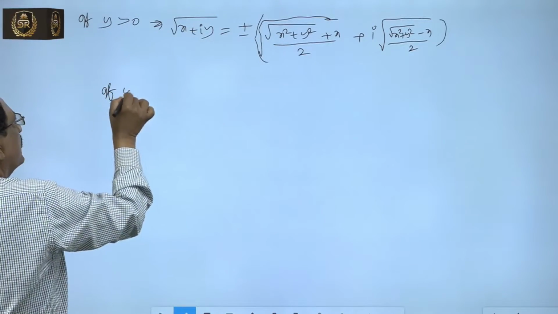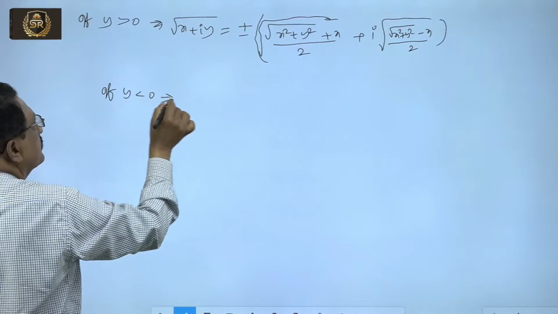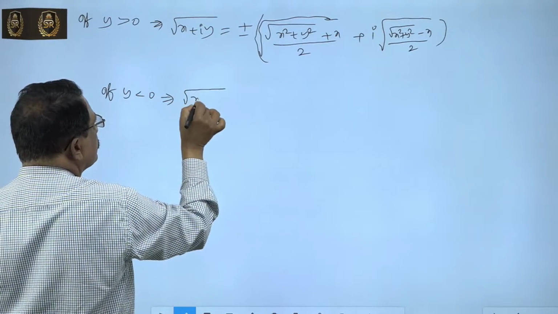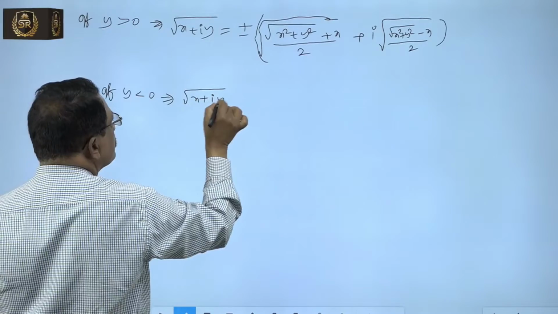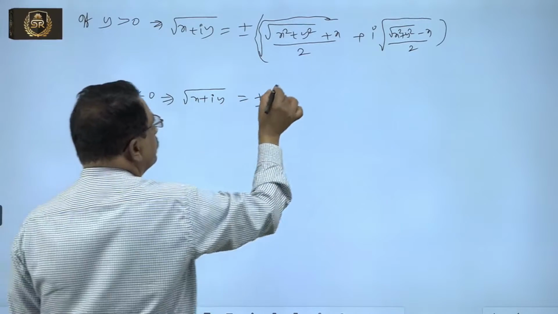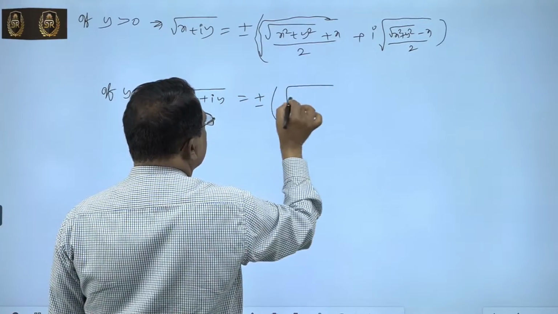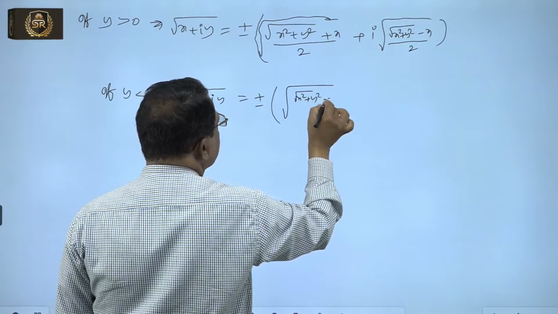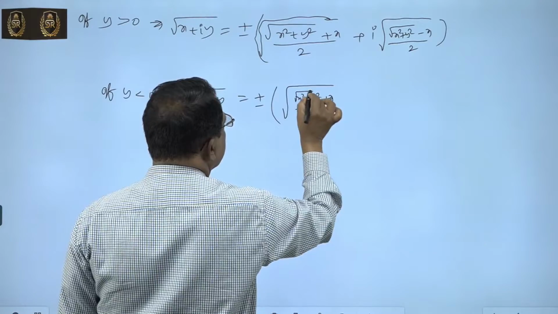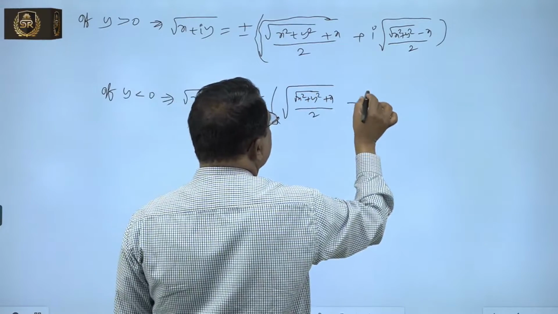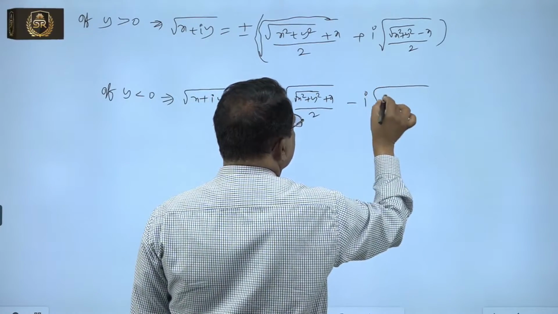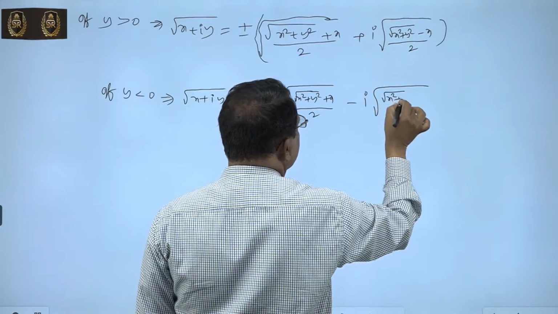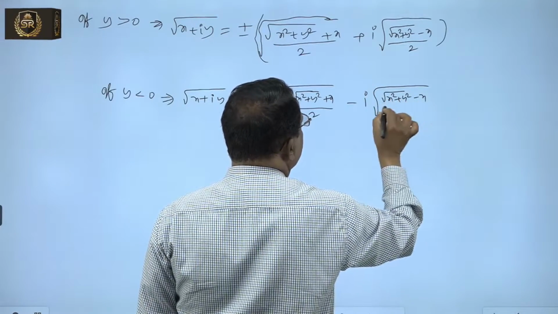If y less than 0, this implies square root of x plus iy equals plus or minus square root of (square root of x square plus y square plus x) by 2, minus i into square root of (square root of x square plus y square minus x) by 2.